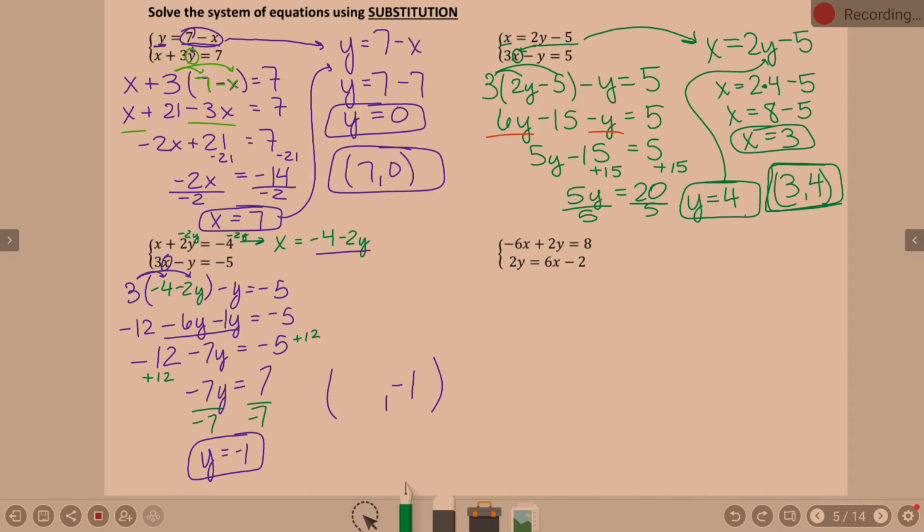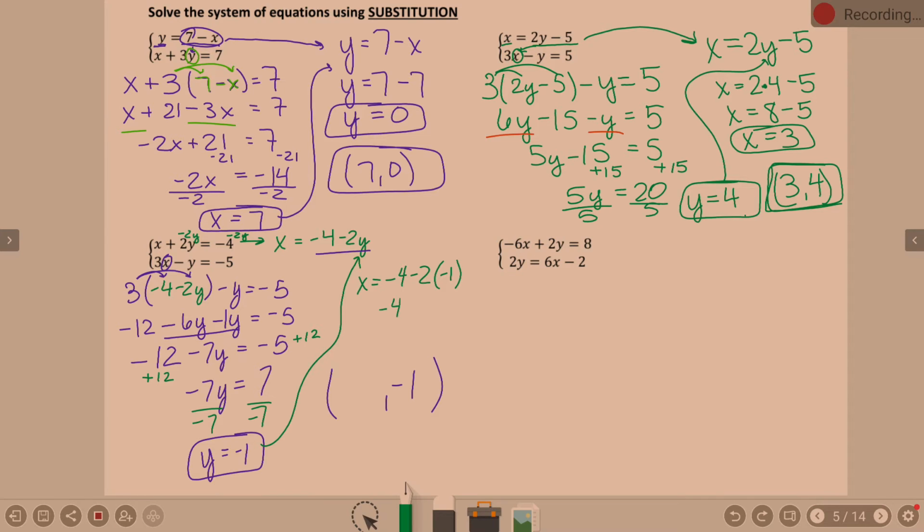We always say one of the two originals, or if we have an equation we solved for x equals or y equals, I like to use that one. Yeah, me too. So I would plug it in up here, say x equals -4 minus 2 times -1. Remember to multiply before you add or subtract.